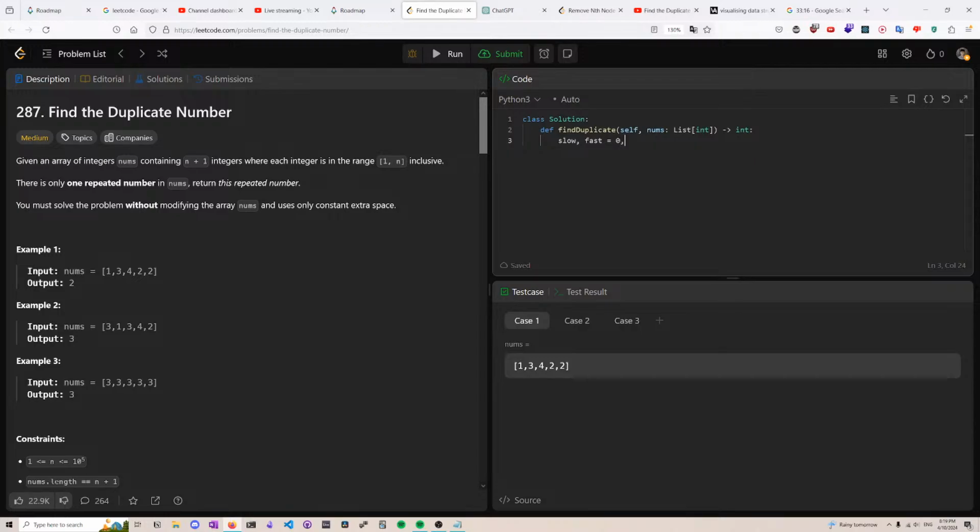Whoops. No head. It's an array. So while true, what do we want to do? Slow equals nums.